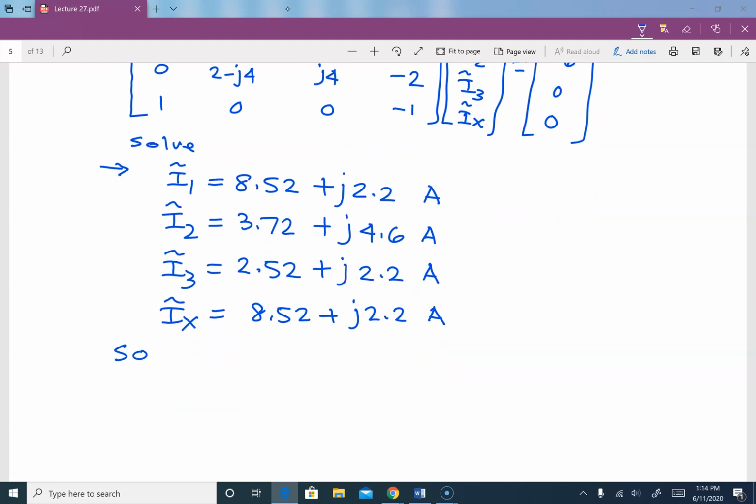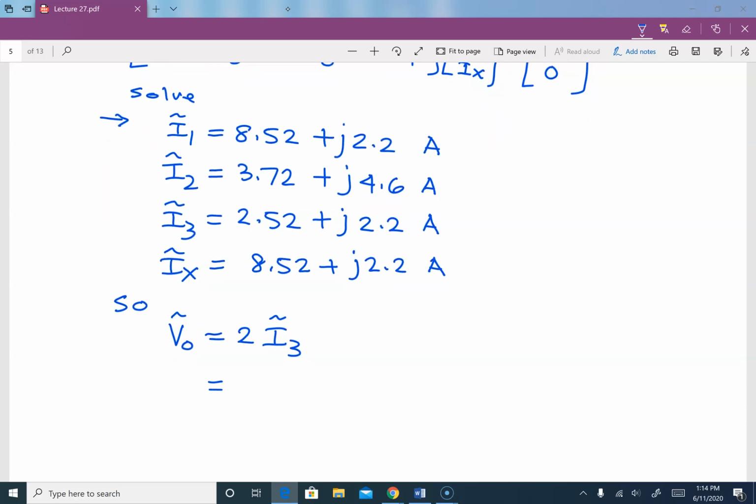So our requirement here is V naught. V naught is equal to 2 I3. So that is equal to 2 times 2.52 plus J 2.2, and that is equal to 5.04 plus J 4.4 volts.